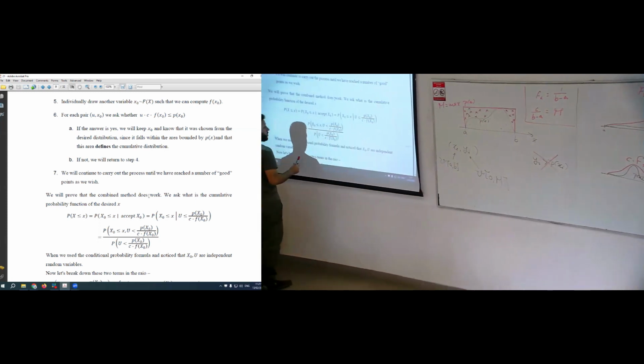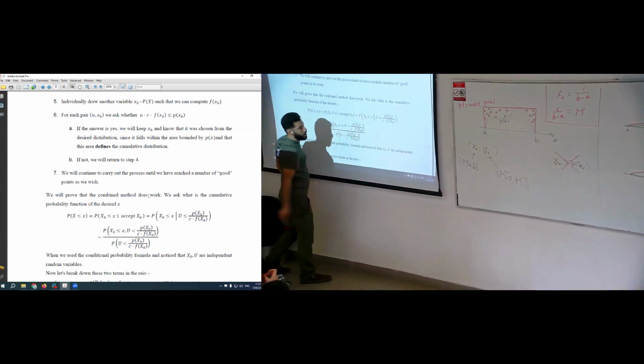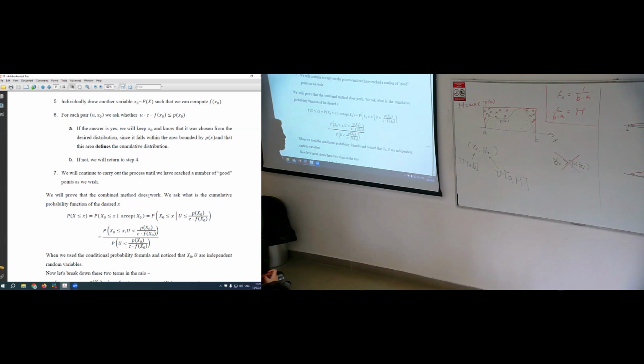And now this is a conditional probability, so by definition it's this. X0 and u0 are independent.